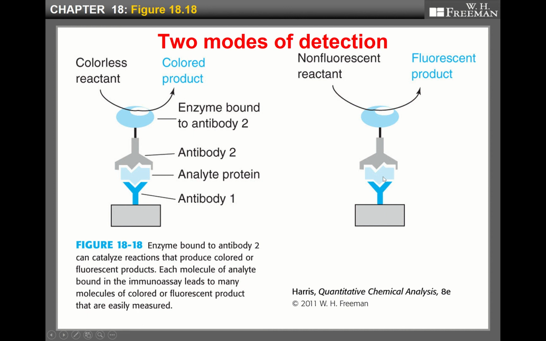So by detecting this fluorescence or by measuring the intensity of color, you can determine the analyte protein concentration. This is the principle of ELISA.